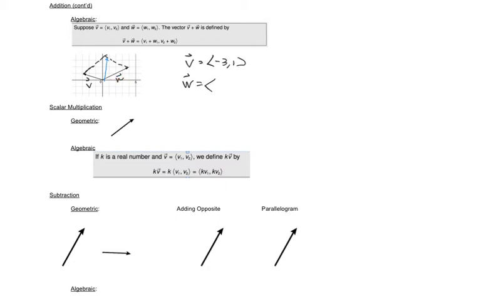So 4, 2. According to this definition above us, V plus W would be to add these components and add these components. So -3 plus 4 is 1, and 1 plus 2 is 3. And so we would have the vector 1, 3.